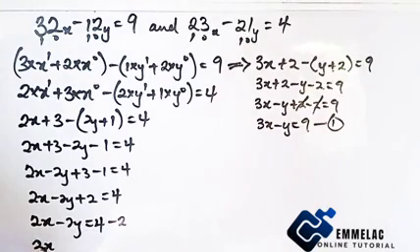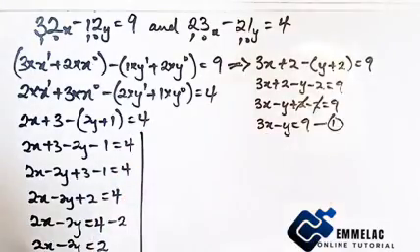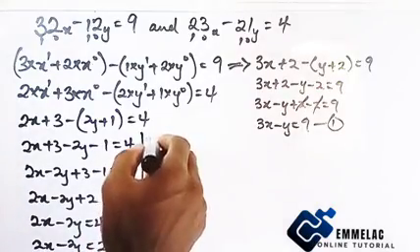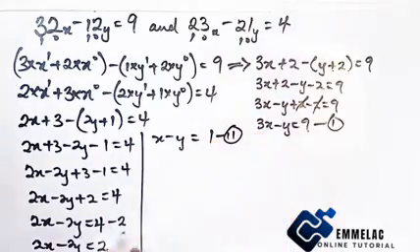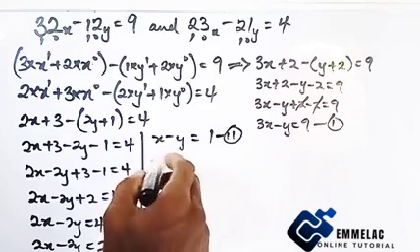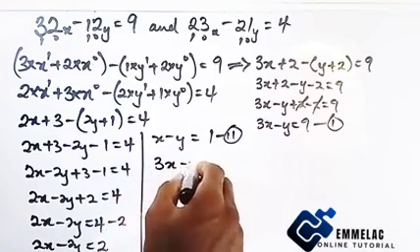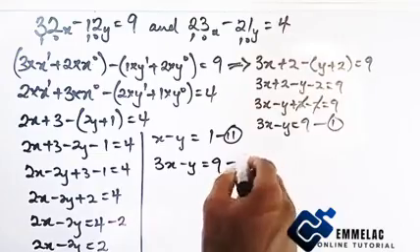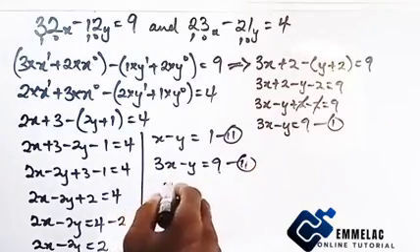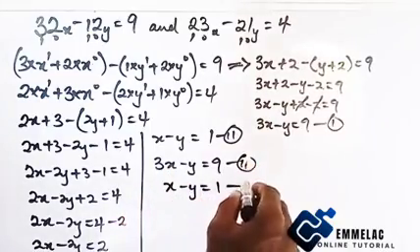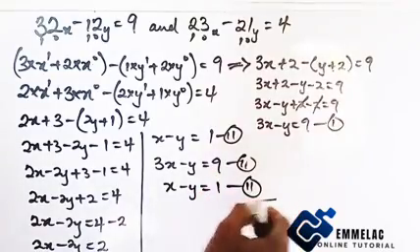Yes, 2x minus 2y equals 2. So here we have two expressions. We can simplify this to give us x minus y equals 1. This is our equation 2. So here we have 3x minus y equals 9, which is our equation 1, sorry, then x minus y equals 1 is equation 2. All right, this is the equation.